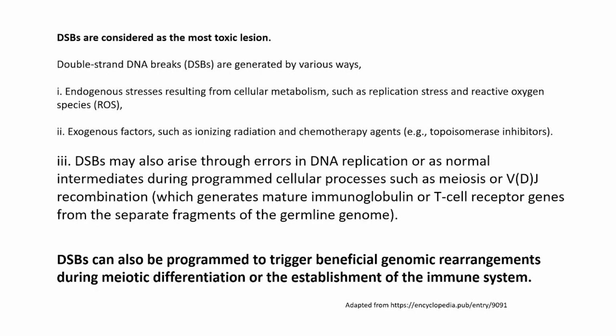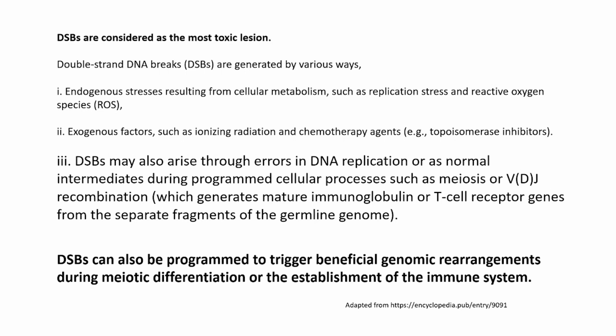Double strand breaks are considered the most toxic lesion. These DSBs are generated in various ways, which are already known to you: the endogenous stresses or the exogenous factors. Besides these, DSBs may also arise through errors in DNA replication or as normal intermediates during programmed cellular processes such as meiosis or VDJ recombination, which generates mature immunoglobulin or T cell receptor genes from the separate fragments of the germline genome.